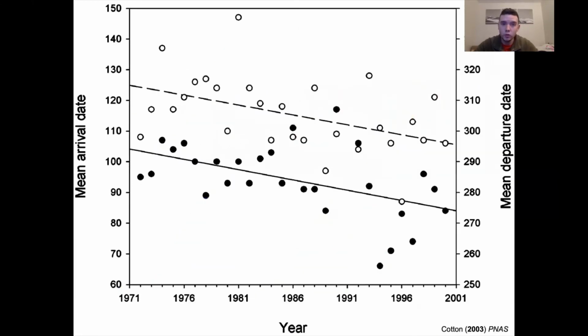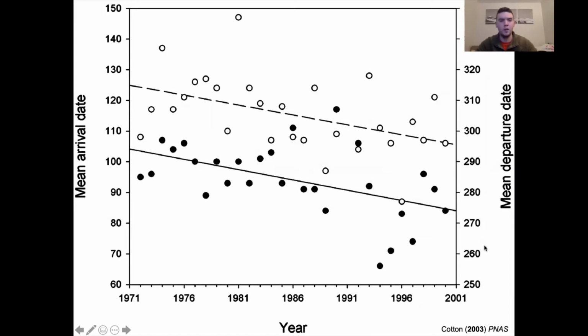What we have seen though is that long distance migrants have actually advanced their migration dates, and that means that they're arriving on the breeding grounds earlier each year, as you can see highlighted by these black dots and solid black lines there.